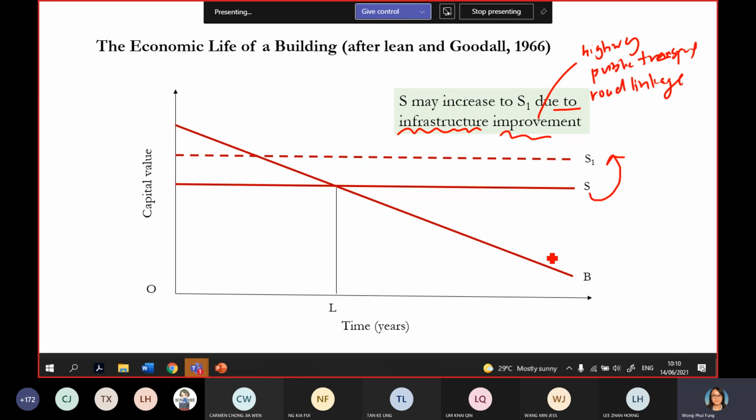So when in that location you see there is MRT, a major highway, and they improve the road condition and linkage, the land value will increase.